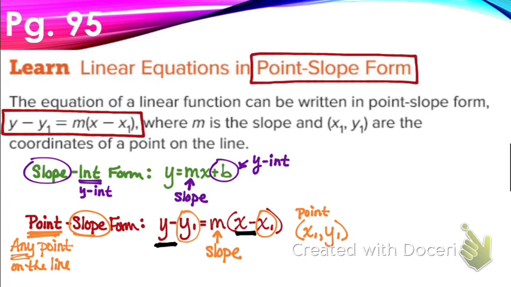What do you think it would mean if I saw y plus 3? If I saw y plus 3, what's the y part of the ordered pair? If I see y plus 3, what would y1 be? What's the y part of the ordered pair?